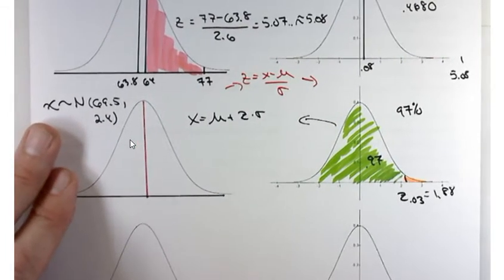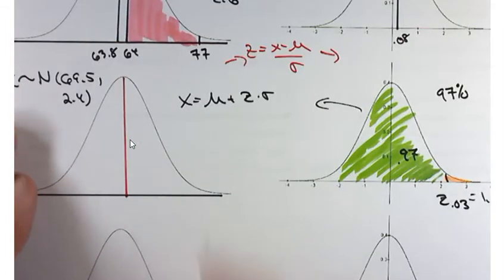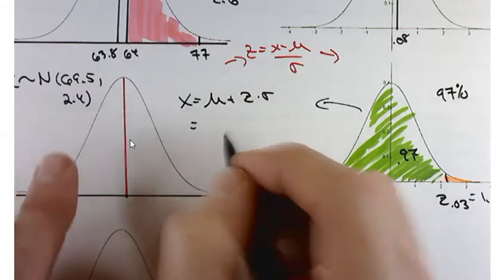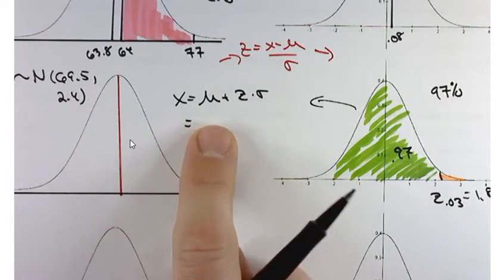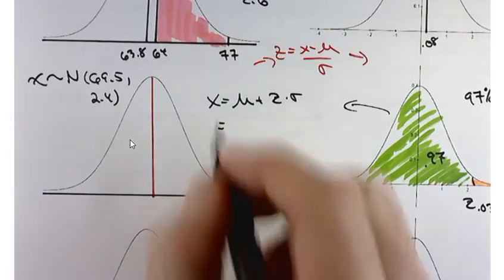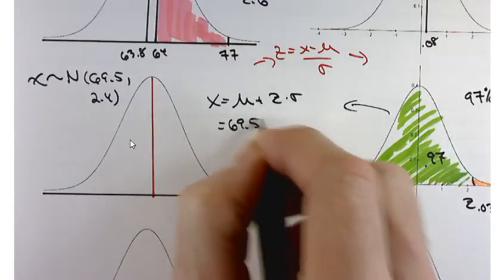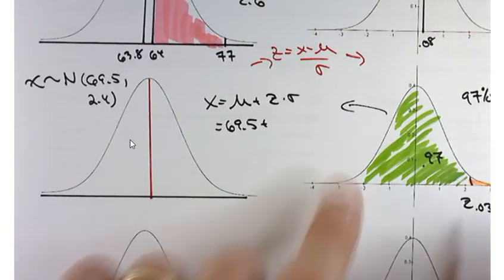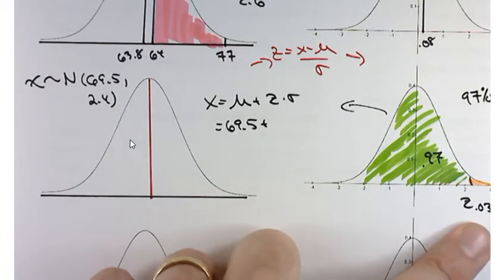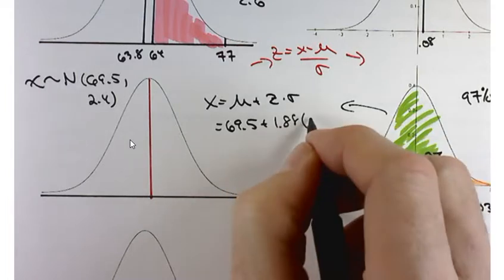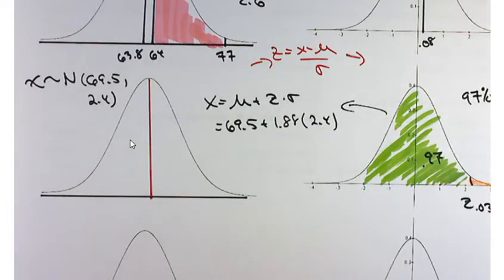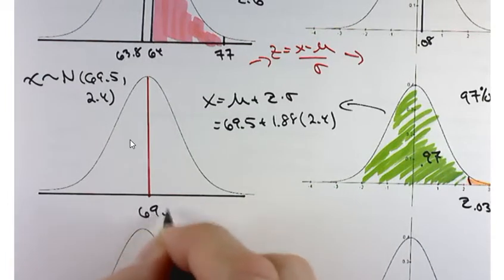So what's that going to look like for this particular distribution? Well, what should I throw in for the mean? Yeah, thank you. 69.5 plus z, and we just looked that up. Z was 1.88 times sigma, which was 2.4. $74?